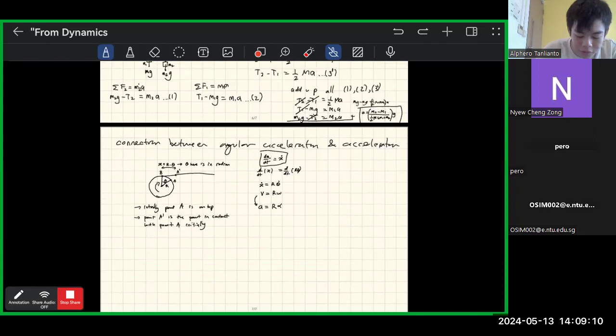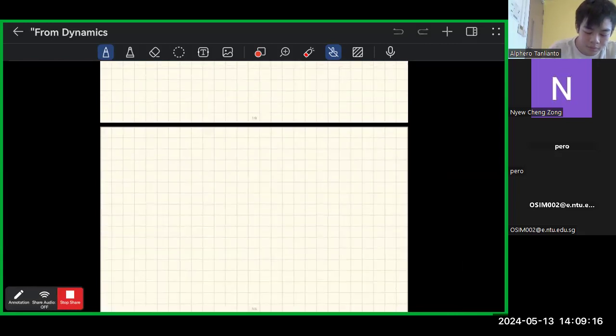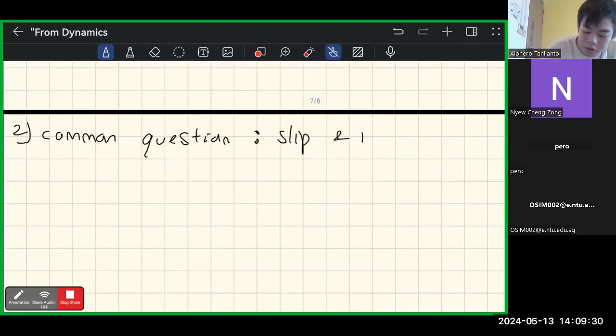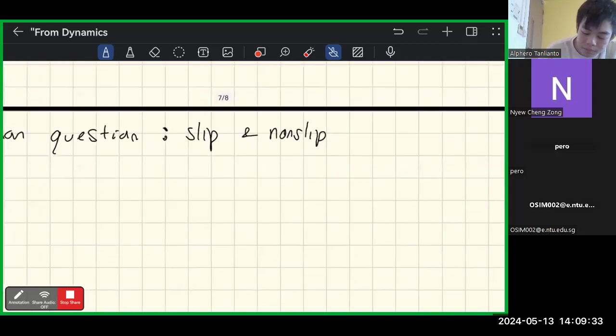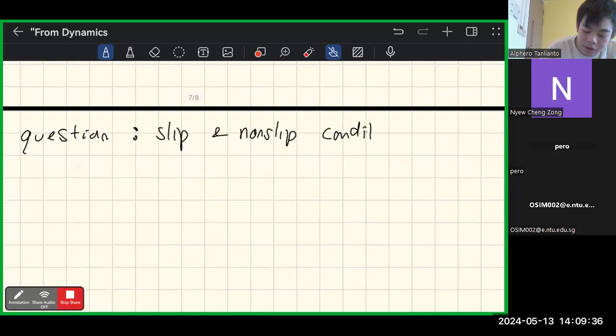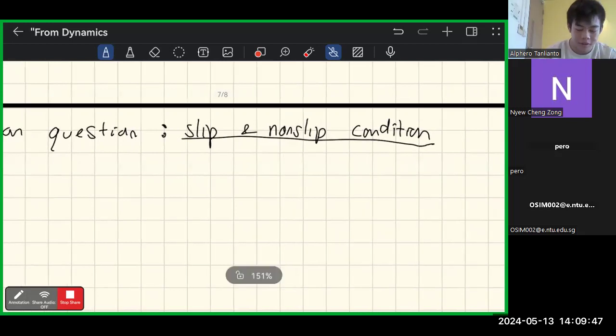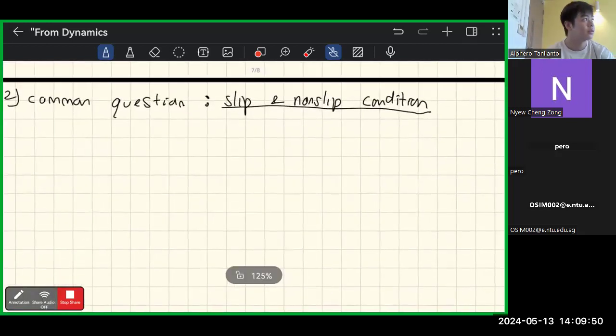Okay, if not, we just continue on to the second common question, which is the slip and non-slip condition. This is one of the problems that is very hard for me to explain, but I'll explain it.